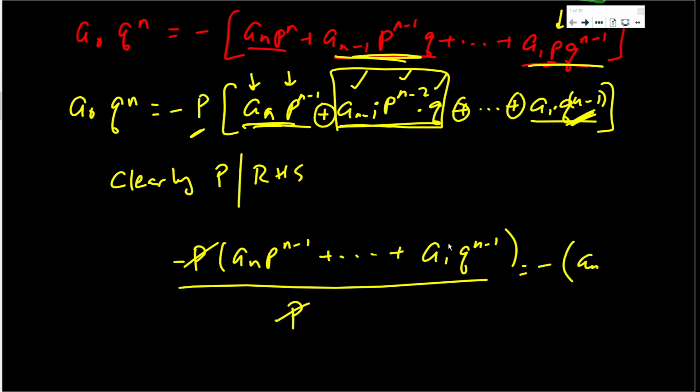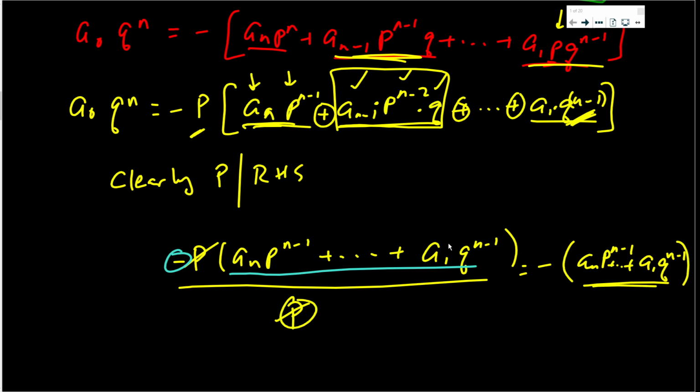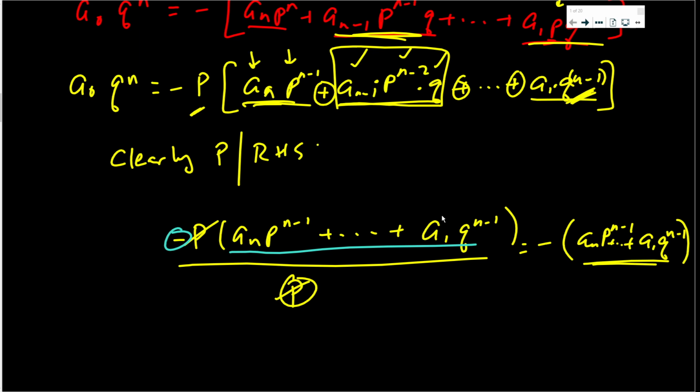Negative a sub n p to the n minus 1 plus a1 q to the n minus 1. Sorry, up to that. Basically, I get this with a minus in front. And this is an integer on the right. This here is an integer. That is, p really did divide the right-hand side.